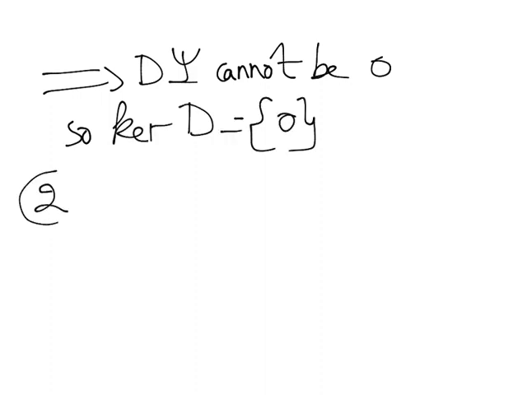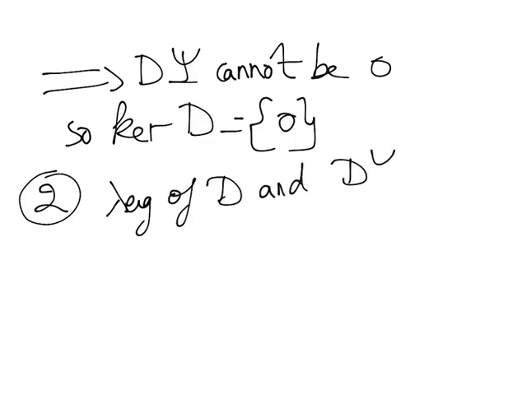for any non-zero, non-trivial spinor psi, so the kernel of the Dirac operator is trivial. Now let's prove the Lichnerowicz inequality. So take lambda an eigenvalue of D, and D psi is lambda psi, so psi is the corresponding eigenspinor.